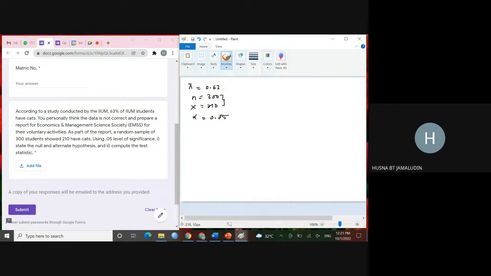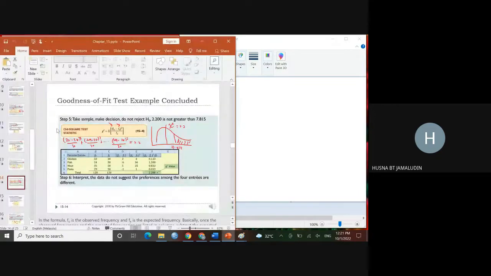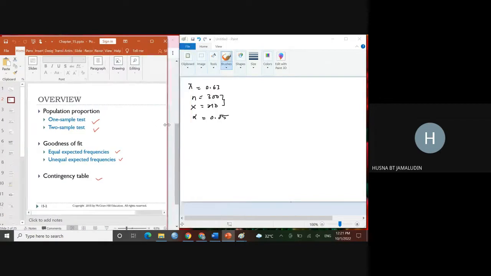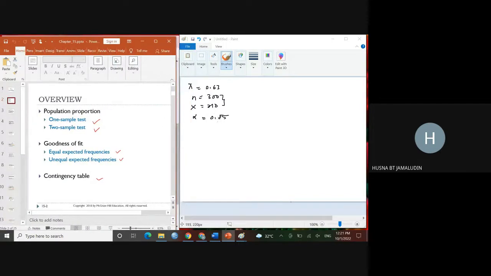Under proportion, you have one sample test and two sample tests. Is this one sample or two sample? One sample only, because you only have one n and one x. If you want two sample, you are going to have 2n and 2x.